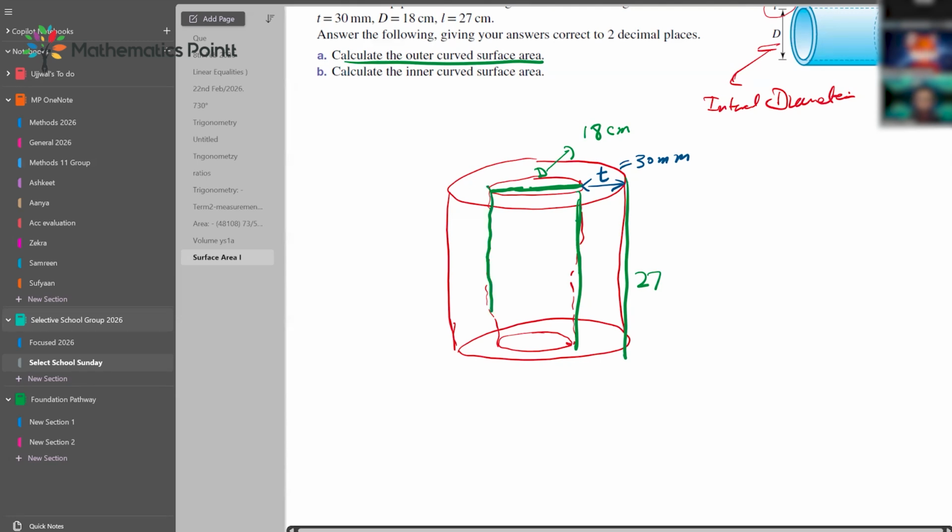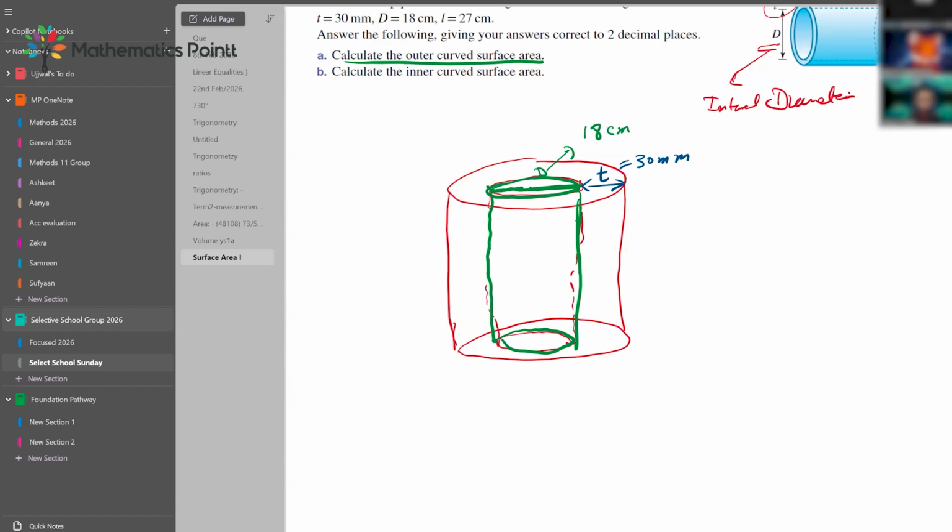I am outlining something in green here, the inner cylinder. Does everyone understand that the inner outlined green object is a cylinder?